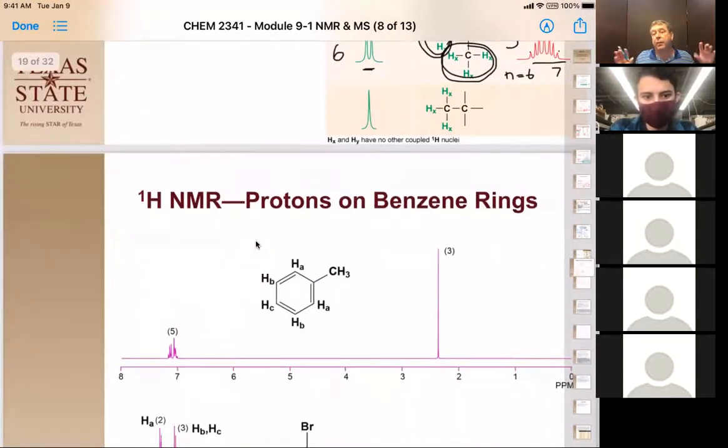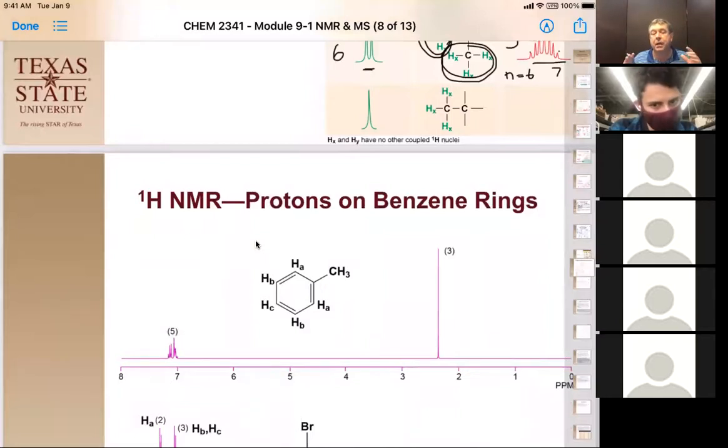So that works really well for straight chains and rings and stuff. However, benzene tends to be a little more muddled because, number one, the hydrogens are shifted way downfield in the 7 to 8 range. And the equivalency of the hydrogens, they might be equivalent, they might not.